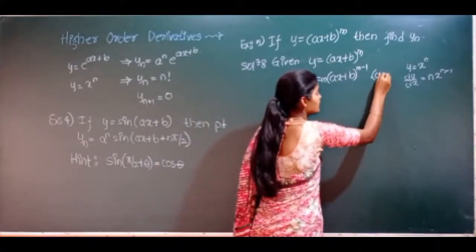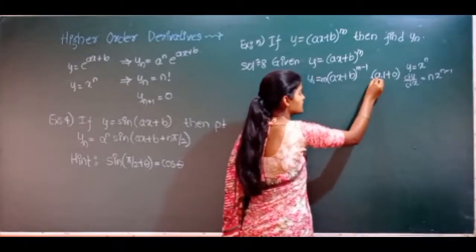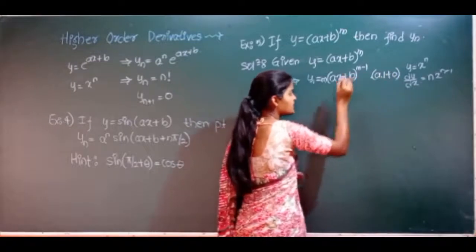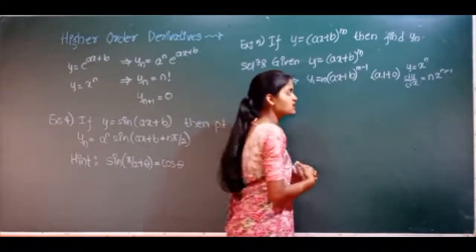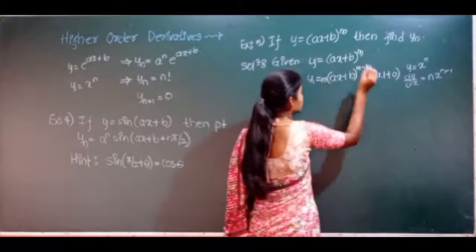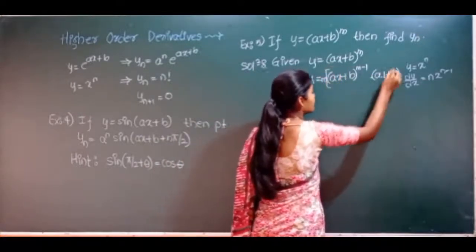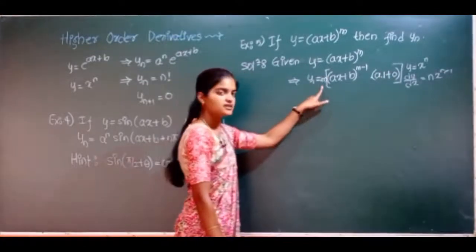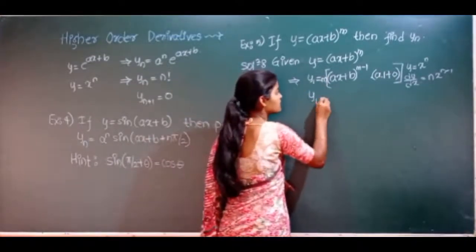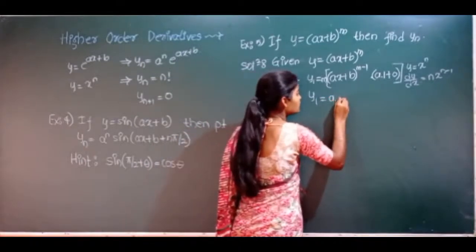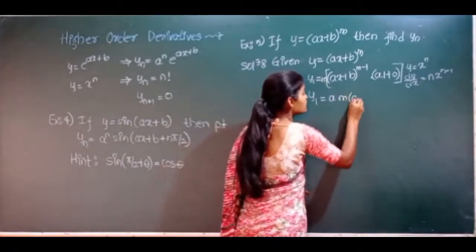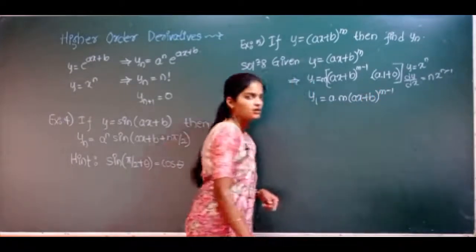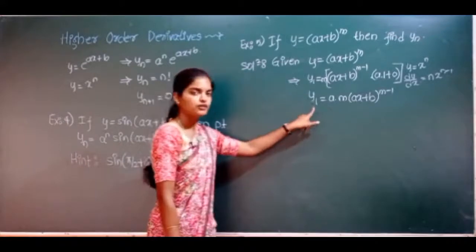Differentiation is again a into 1 plus 0, that is, a is constant as it is, x differentiation is 1, plus b is constant, its differentiation is 0. So what we got now? Here I can take a outside the bracket. So y1 is a into m into ax plus b raised to m minus 1. Now we got y1.